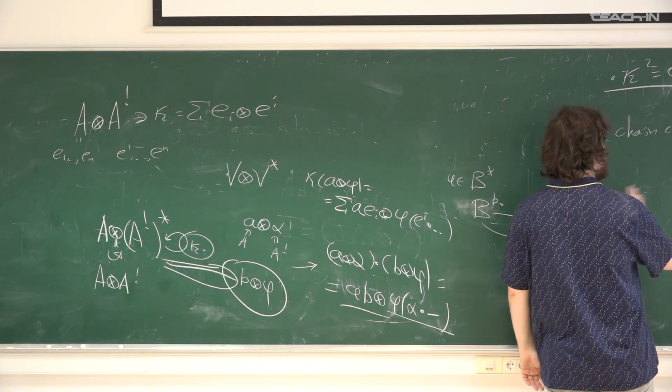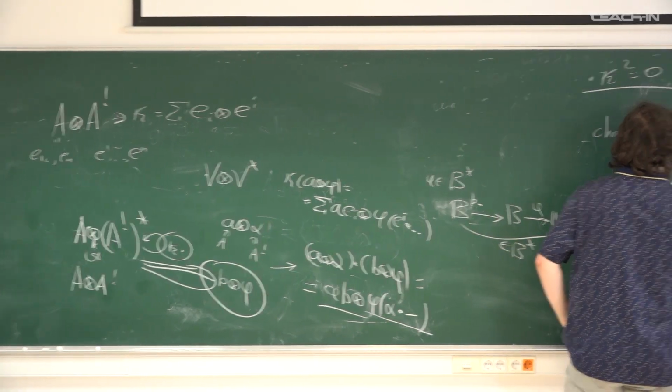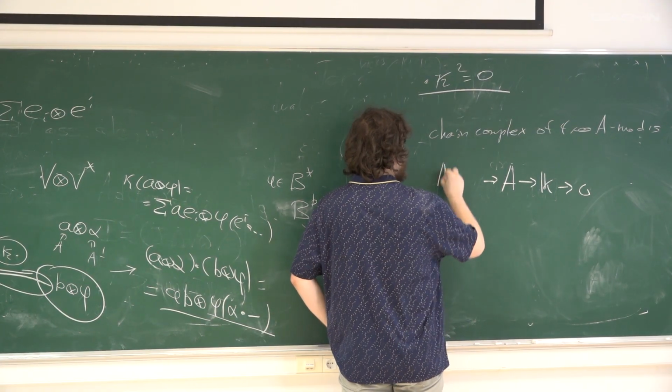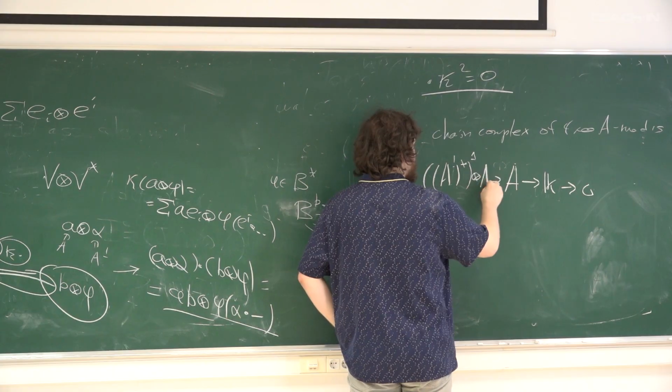The Koszul complex is what? Something like A, K, then the first grade component and so on.